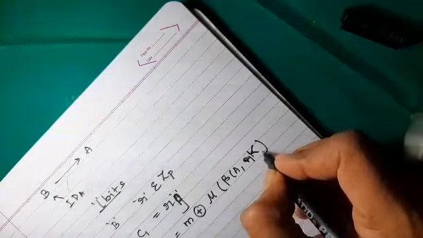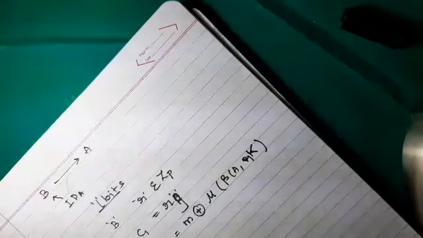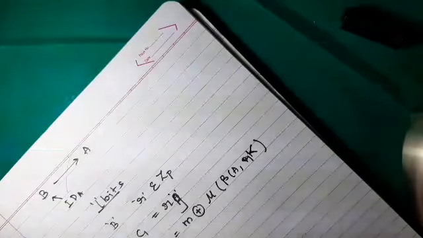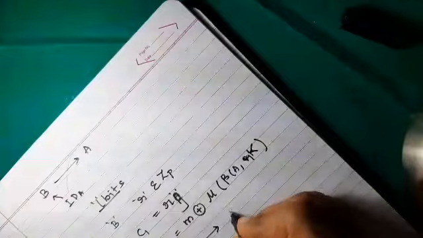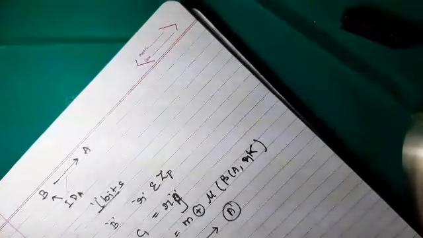So this is capital K. The pair C1, C2 is now the ciphertext, which will be communicated by B to A. So A gets this ciphertext.